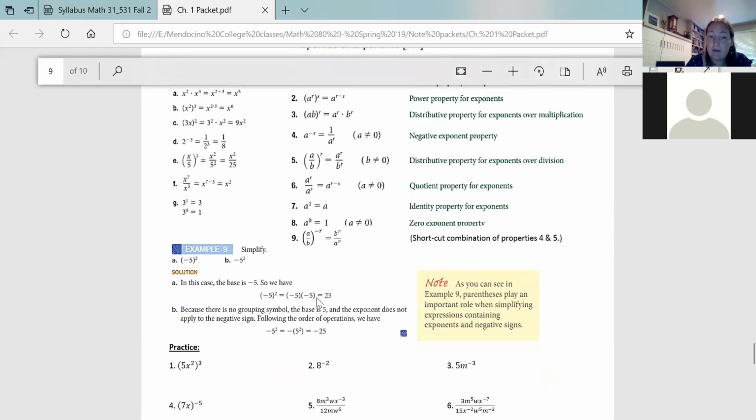So you'll have a negative times a negative, you'll end up with positive 25. But this is basically saying the opposite of just the 5 is being squared. So the negative isn't part of any parentheses, it's not part of what's being squared. Only the 5 is being squared. And so the answer there ends up being negative 25. So I would highly recommend writing down this example 9.